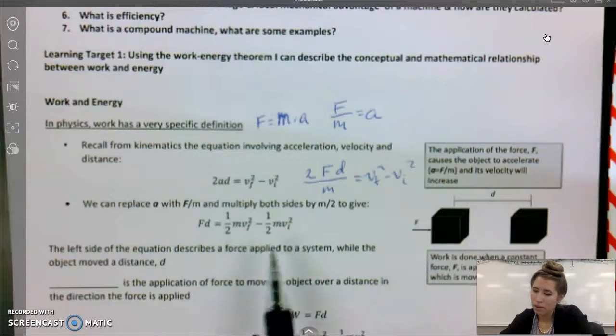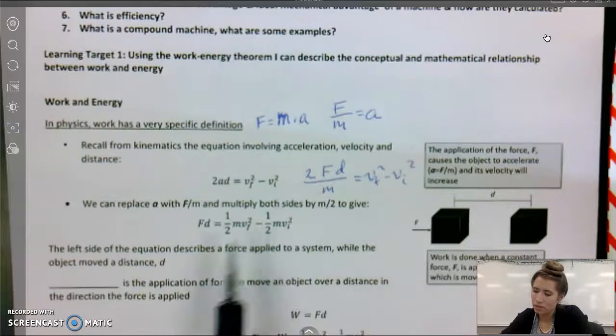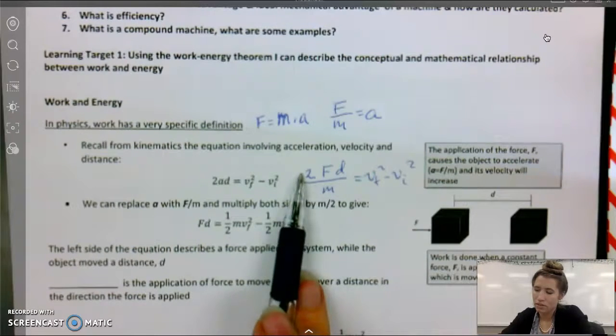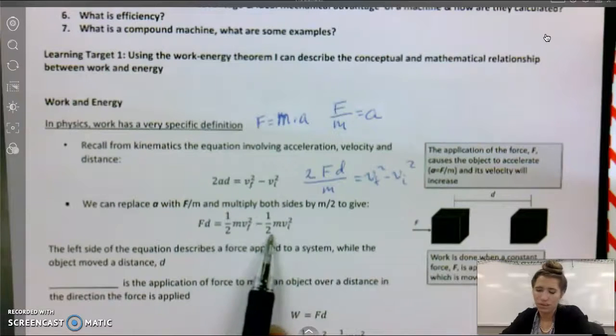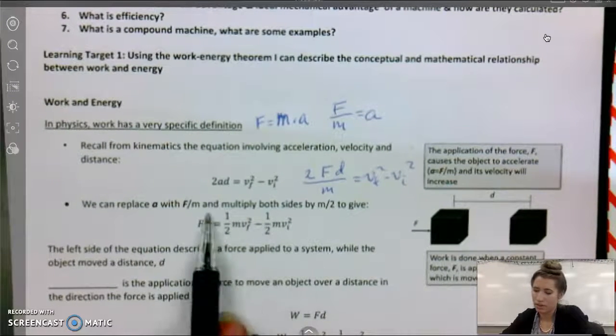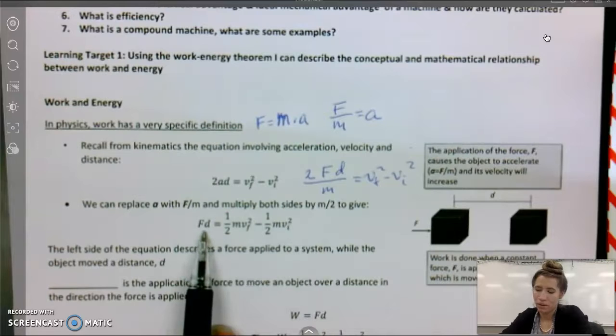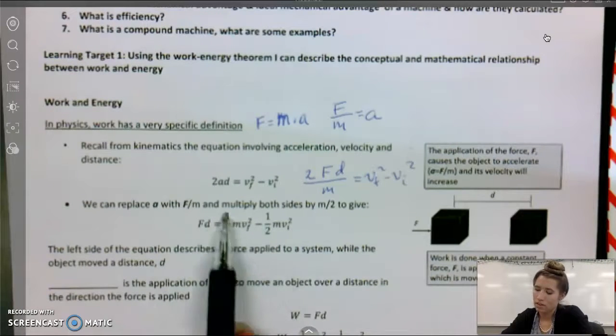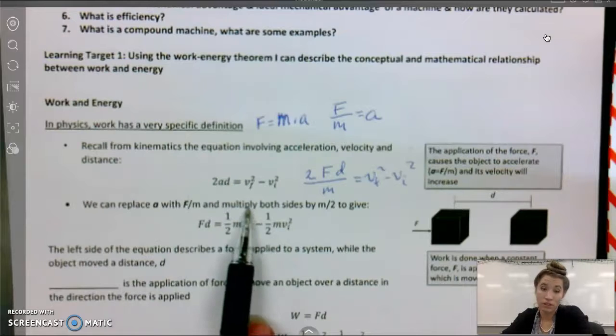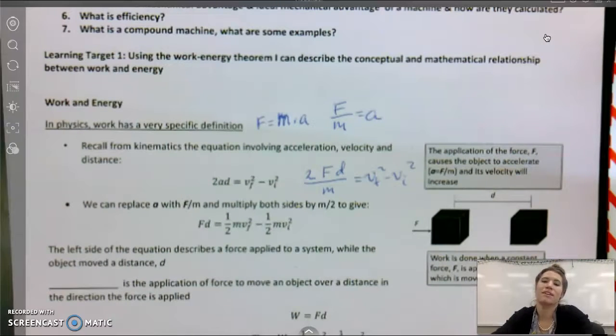So we're going to multiply both sides by mass, and then divide by 2. And so this is what we end up with here. We have a force applied over a distance, okay, and then 1/2 mass velocity final squared minus 1/2 mass velocity initial squared.